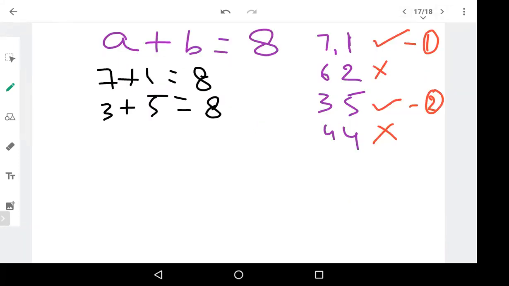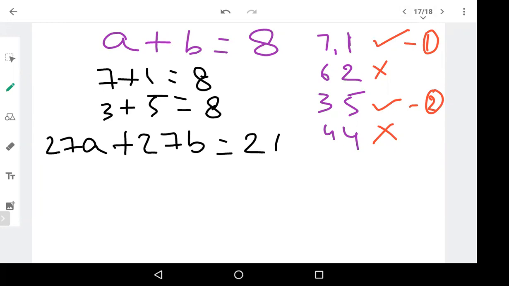That also should suit 3 and 5. We will see that. 27a plus 27b is equal to 216. Now please apply both option 1 and option 2 in this equation. Let us try.